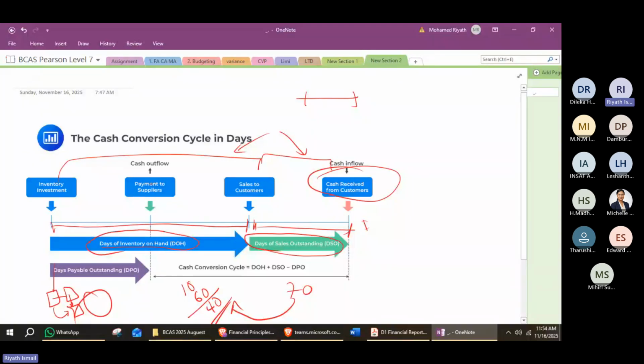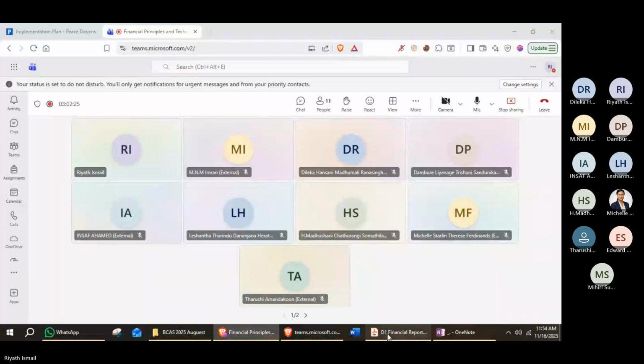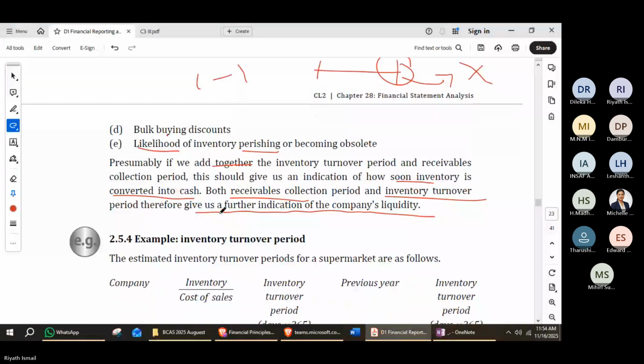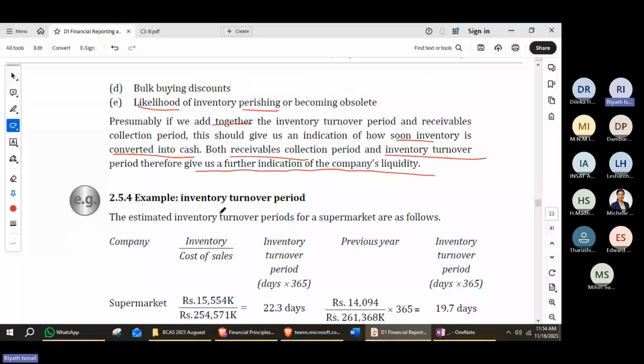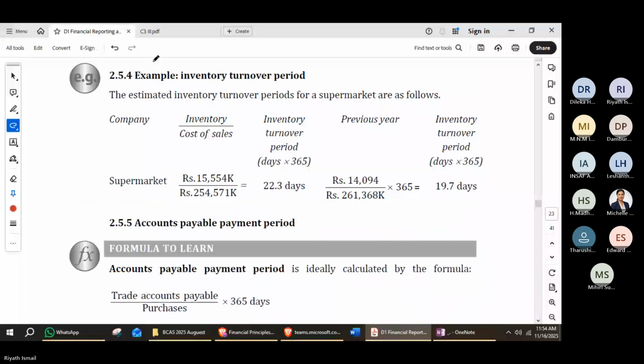How can we shorten it? We get this aspect, suppliers, so we can deduct this period. Right, we see one example. Inventory turnover period. Say a company, this is a supermarket.